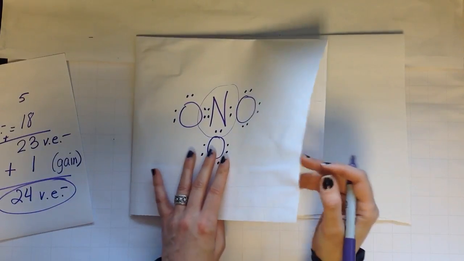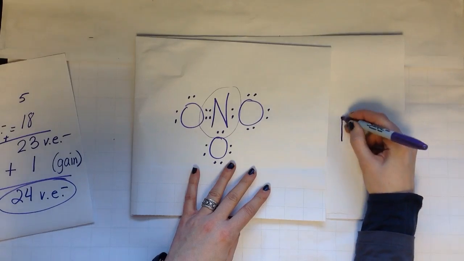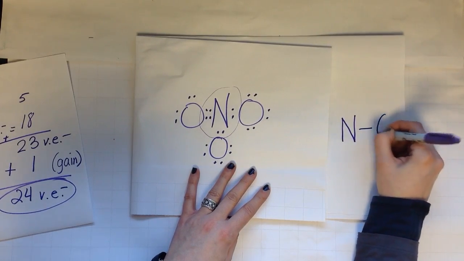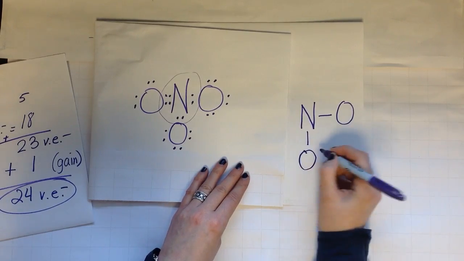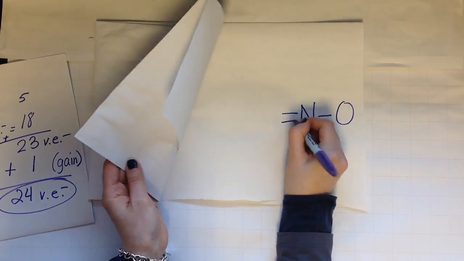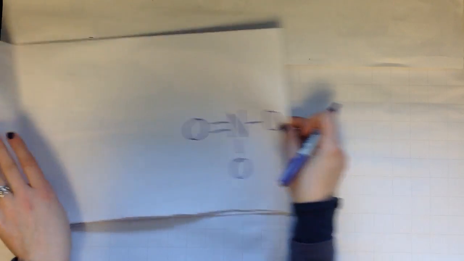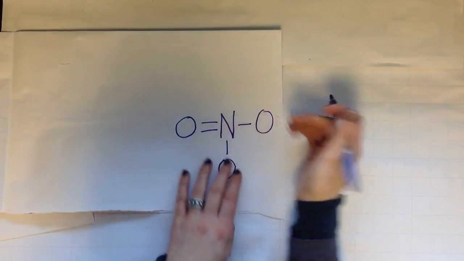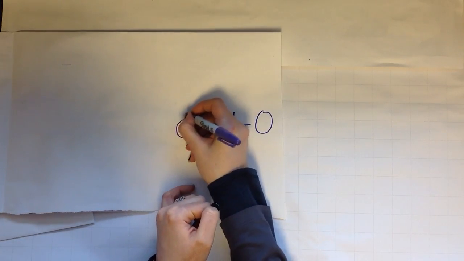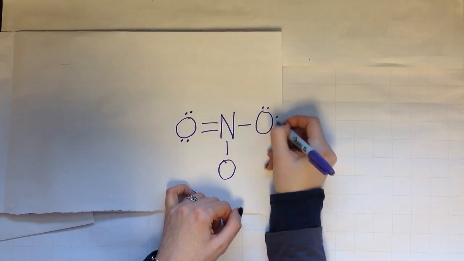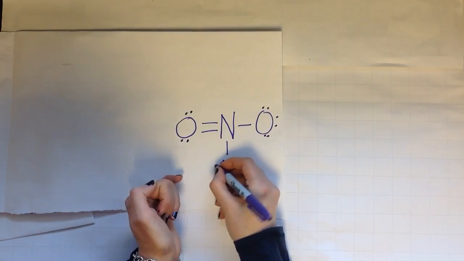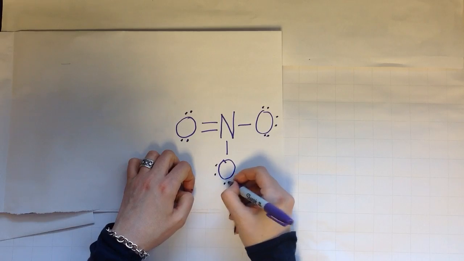So this redrawn is going to look like this. Nitrogen in the center, singly bonded to an oxygen, singly bonded to an oxygen down here, and doubly bonded to the oxygen here. Don't forget to sprinkle around your other electrons, 2, 4, 6, 8, to make them happy. 8 is great. 8 will make everything happy.